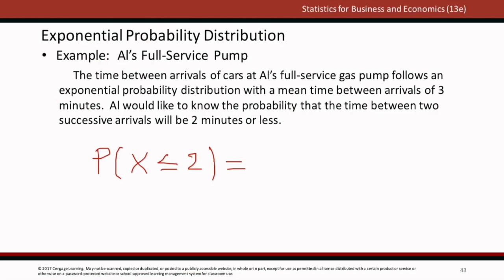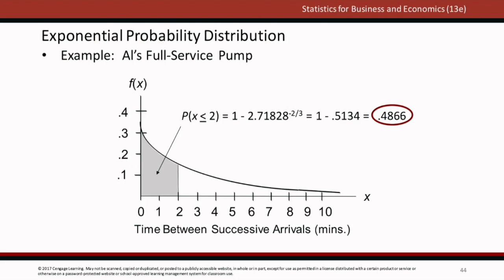If we follow the formula that we saw in the previous slide, this will be 1 minus e to the negative 2 divided by the mean, and the mean is equal to 3. This is the formula that we need to evaluate to calculate that probability. If we replace those values into the calculator, we know that the probability is going to be 0.4866, so about 49%.